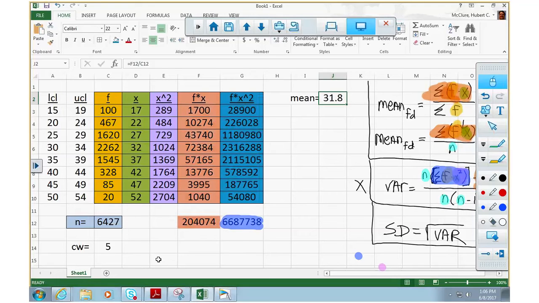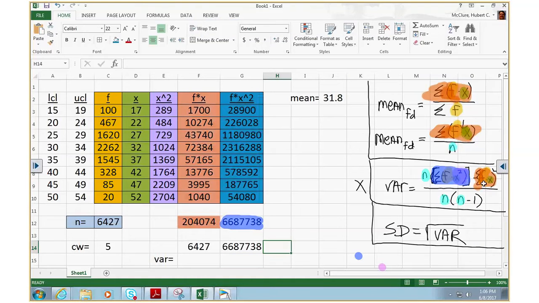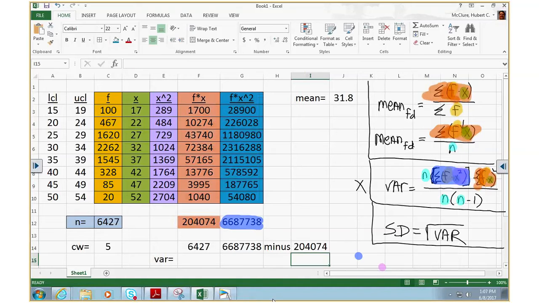I'm sorry, but variance is equal to N, which is light blue, so that's going to be that number, times the purple, which is that number, minus the orange, and what do we have to do to that orange? Right over here. What does that say we have to do to the orange? We have to square it.